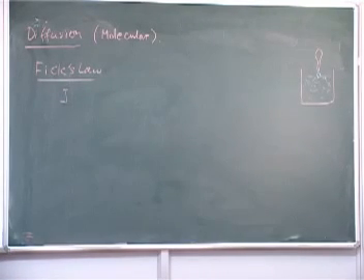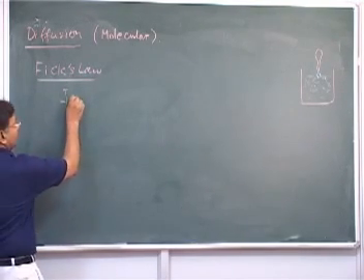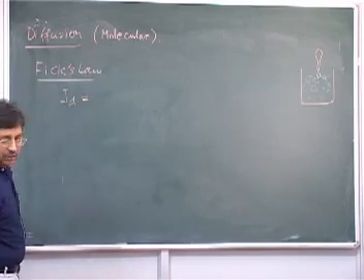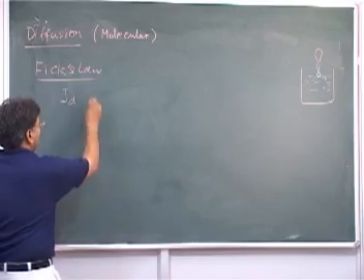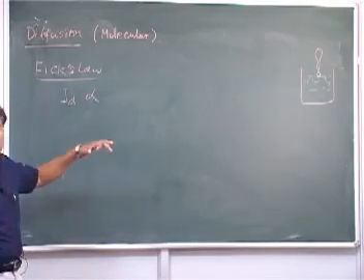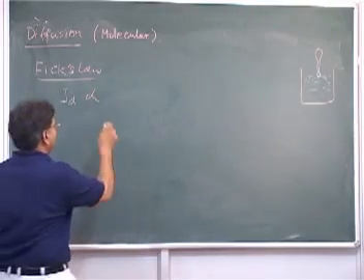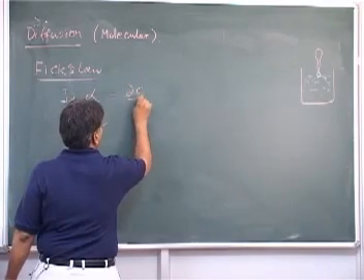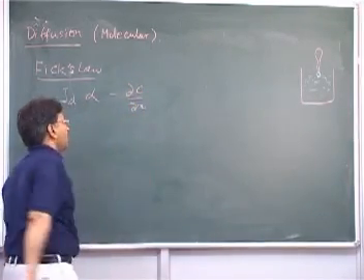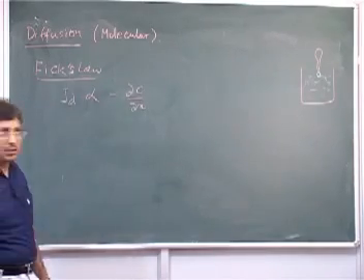A, that was advection. For diffusion, let's call this G. And the flux, with time it is reducing, so that is proportional to minus of the concentration gradient. That's Fick's law.